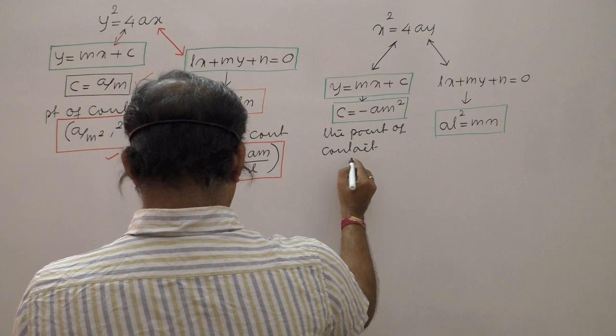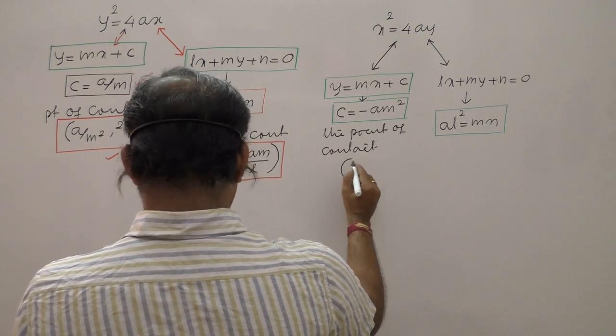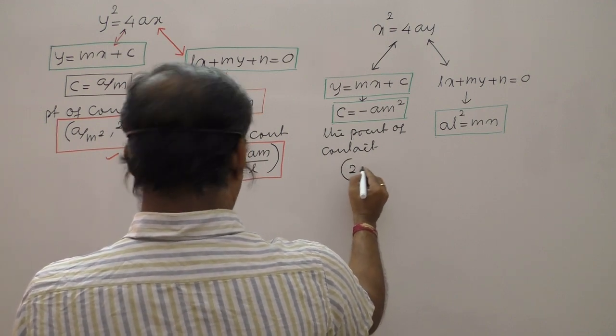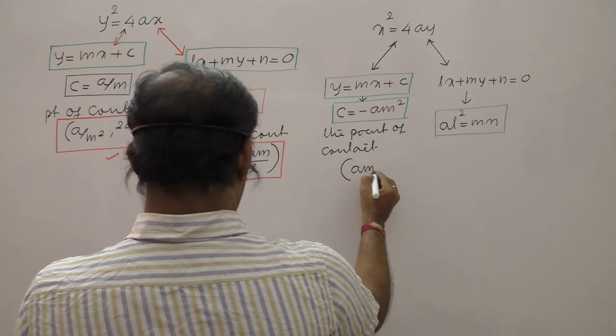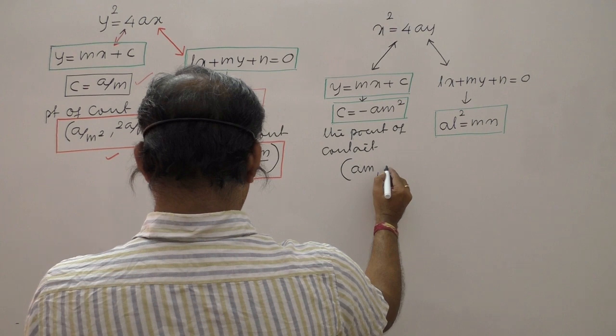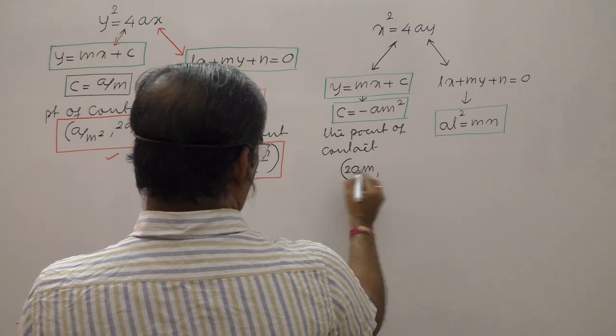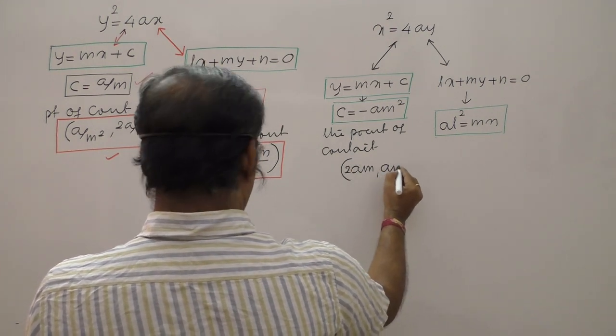What is the point of contact for this? The point of contact is 2am comma am square.